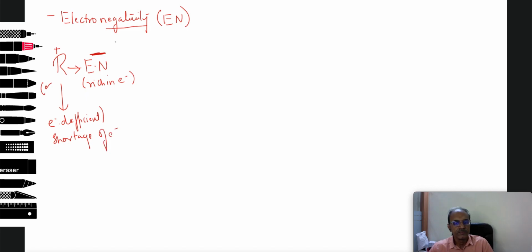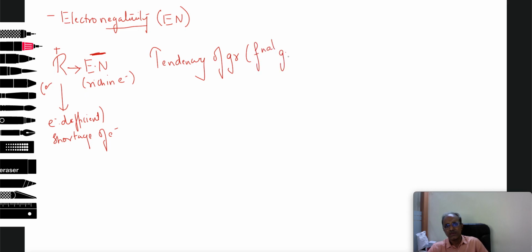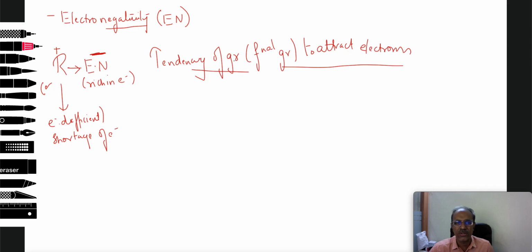Now, the tendency of groups or functional groups to attract electrons. The tendency of a functional group to attract electrons is nothing else but electronegativity.